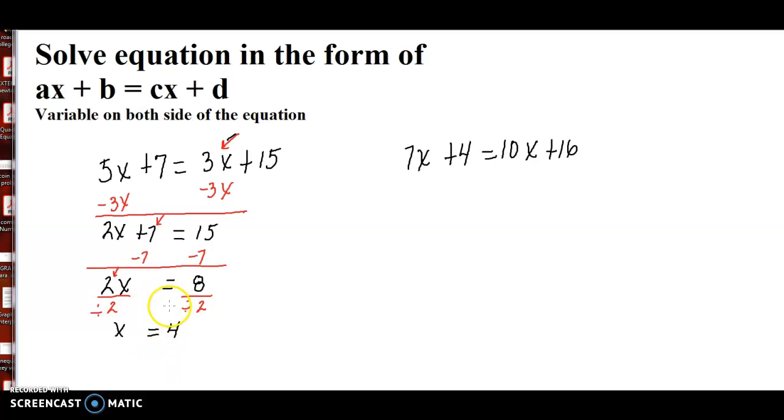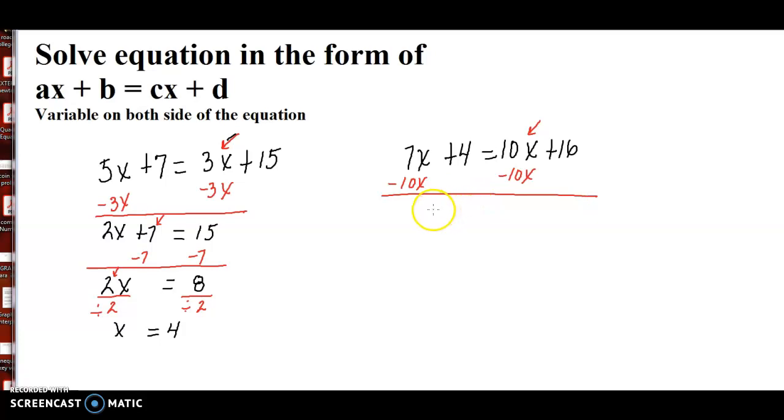We have 7x plus 4 equals 10x plus 16. I like my variables to end up on the left-hand side of the equation. So therefore, that means my 10x is on the wrong side of the equation. So I'm going to have to subtract 10x from both sides of the equation.